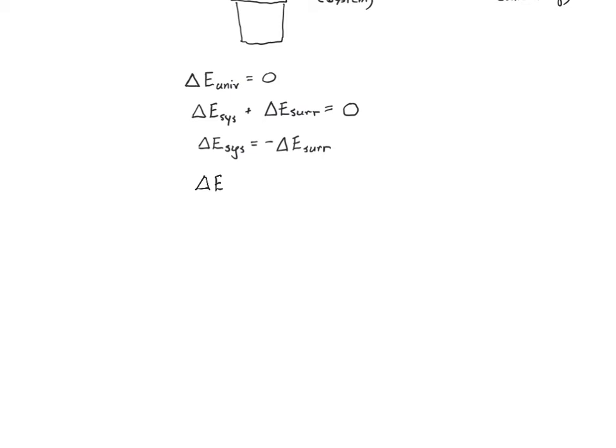So we're going to rewrite this now. Instead of using delta E of the system, we're just going to say delta E. And we're going to assume from here on out that if I just put that delta E there, we're just talking about the system itself. It's a lot easier to make measurements inside of a coffee cup than it is to make measurements that span the entire universe, which I'm sure you can understand.